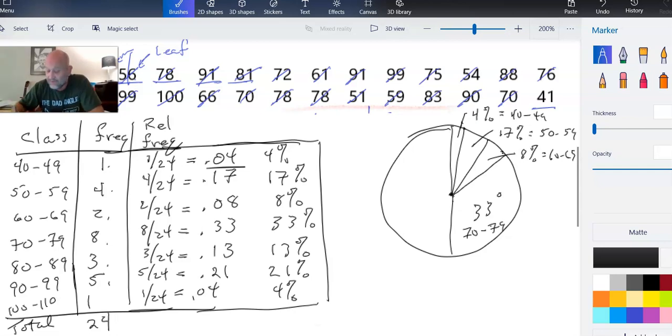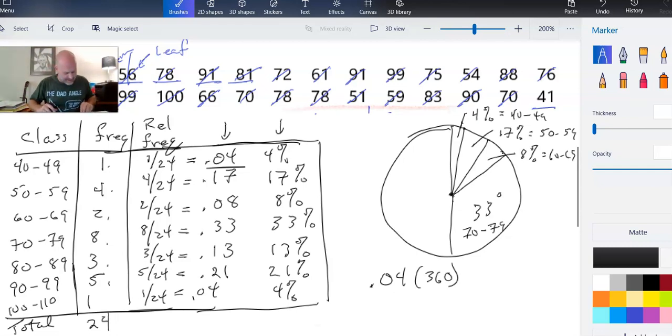Now, if you're going to have to go through and find those angles in particular, to figure out the degree measure of those angles, you just multiply the decimal, the relative frequency, times 360. So like for the 4%, if I want to know what angle that is exactly, it's 0.04 times 360, right?